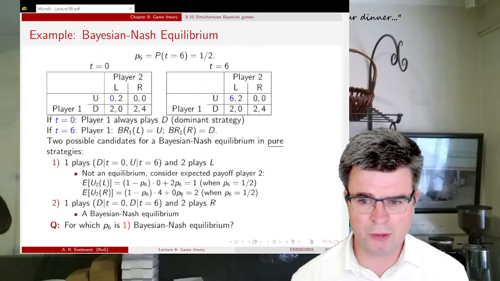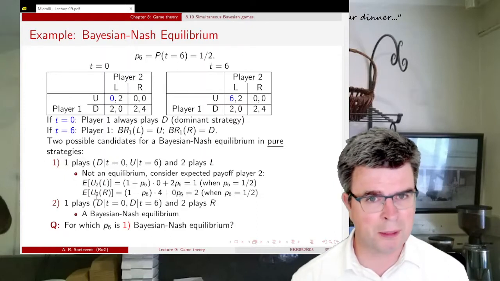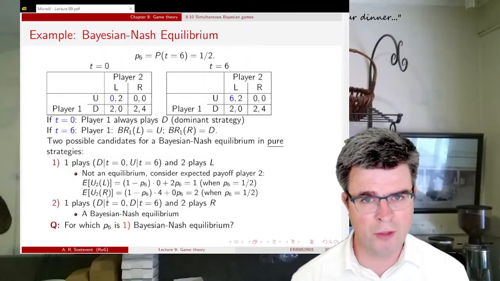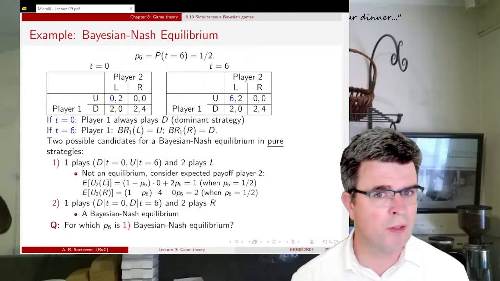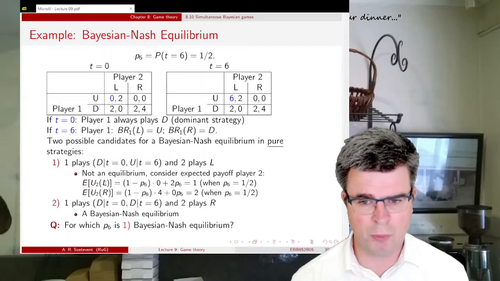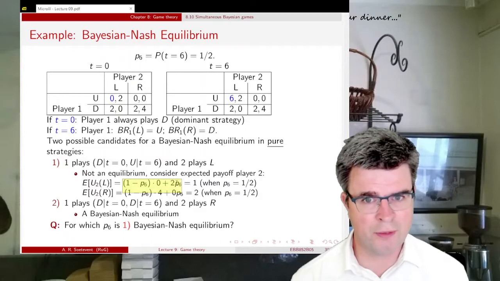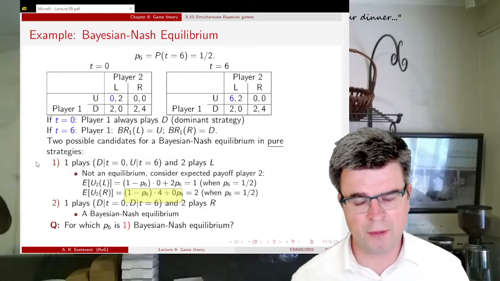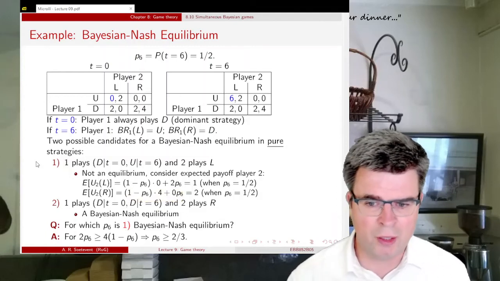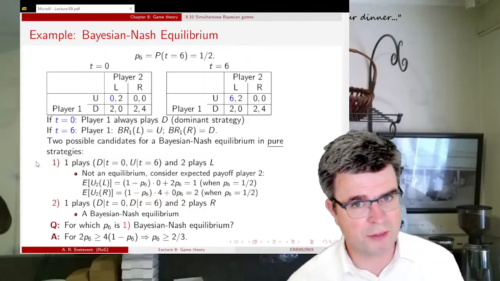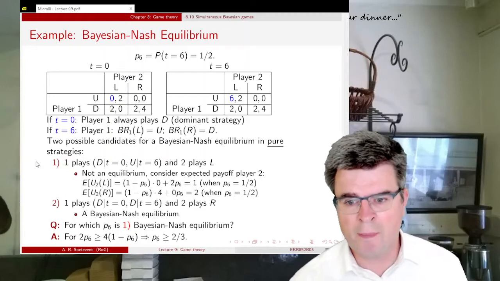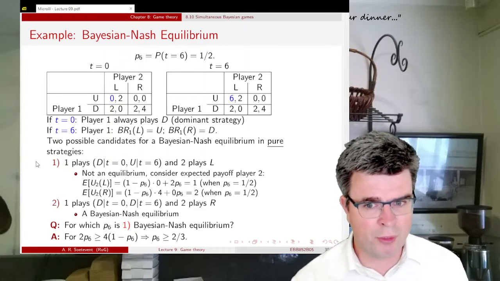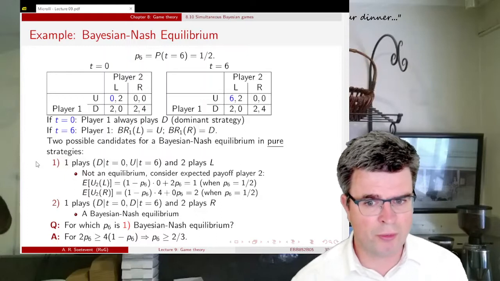The reason was that at P is 1/2, the expected payoff of a deviation for player 2 exceeded the payoff of sticking to the agreement. So what we need is that this expression over here is at least equal to this expression over here. So we can equate the two, solve for P6, and we get an answer to our question. And the answer is: if P6 is at least equal to 2/3, then candidate number 1 is a Bayesian equilibrium of our game.